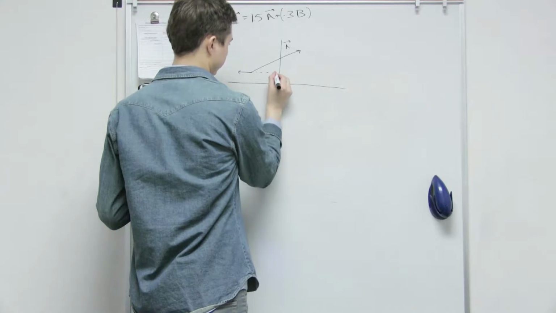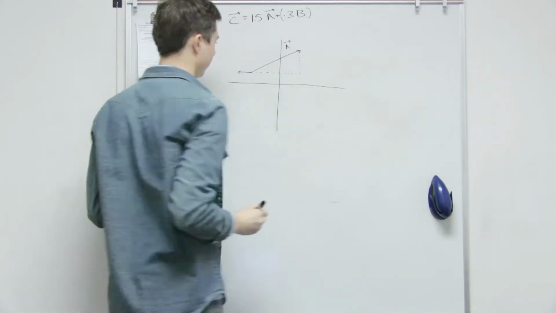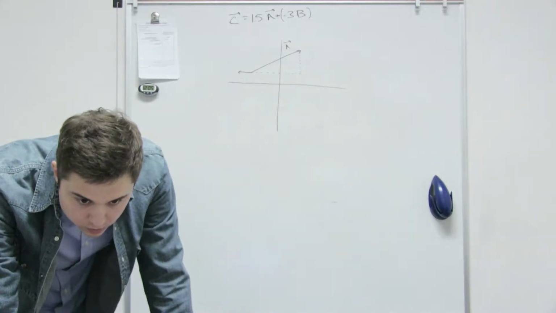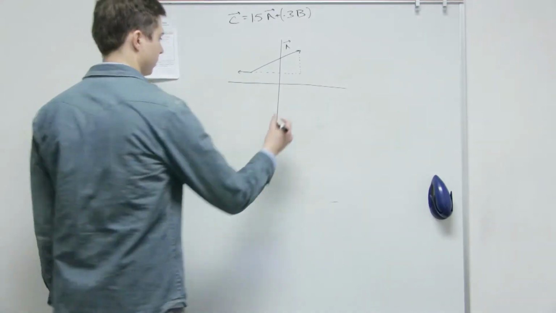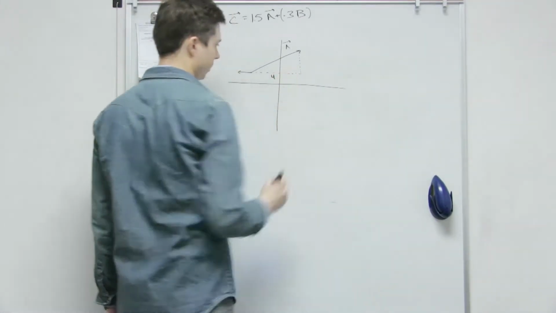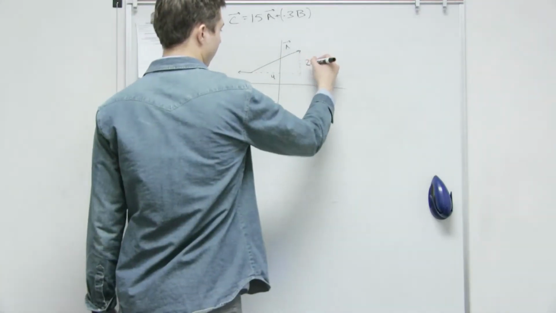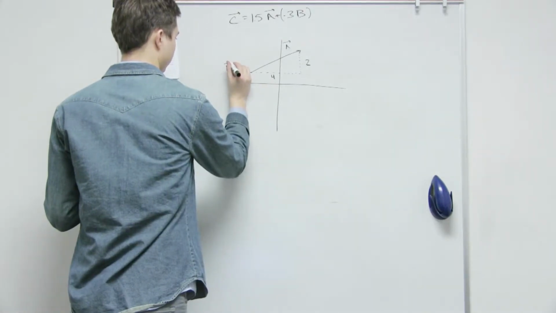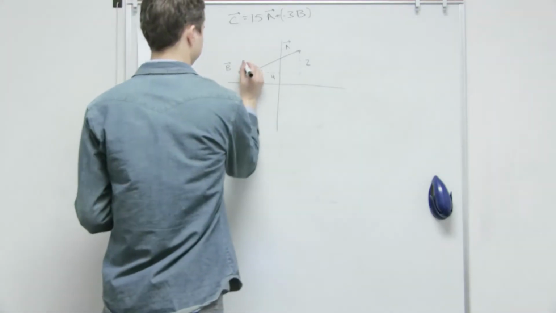So here's the x component, and here's the y component. On your graph, it looks like the x component is 1, 2, 3, 4 units long. The y component is 2 units tall. And vector B is 1 unit.